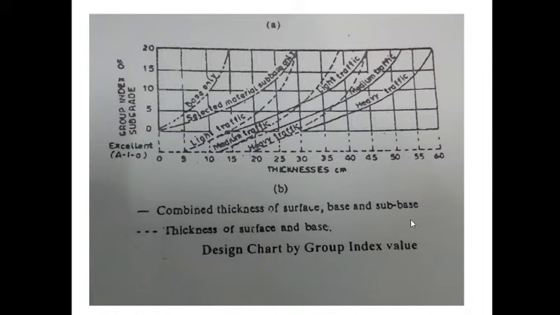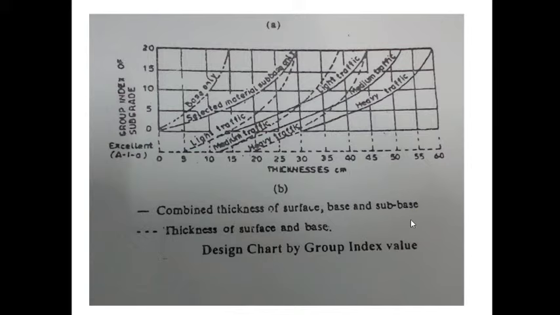We can get it from the graph. This is the combined thickness of surface, base, and subbase course for heavy traffic, then medium traffic, and light traffic. So the combined thickness is approximately 47 centimeter for the group index of 7.